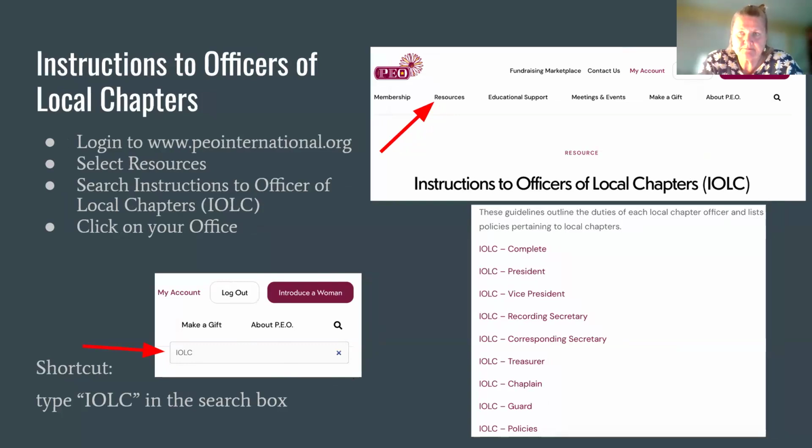And just a note, international is frequently making changes. So when you are on the international site, you can click resources, and you should be able to go to the resource library, and most of the updated information will be on that first page or that second page, and you can see the date that the information was last updated.